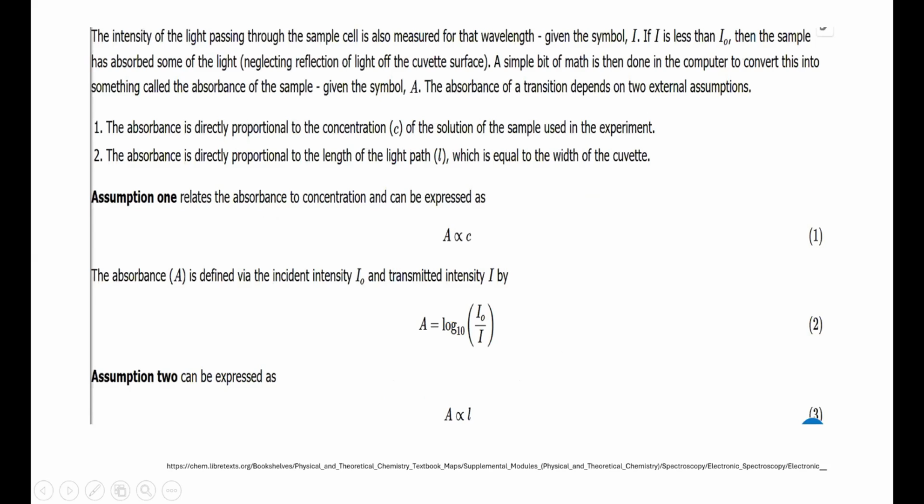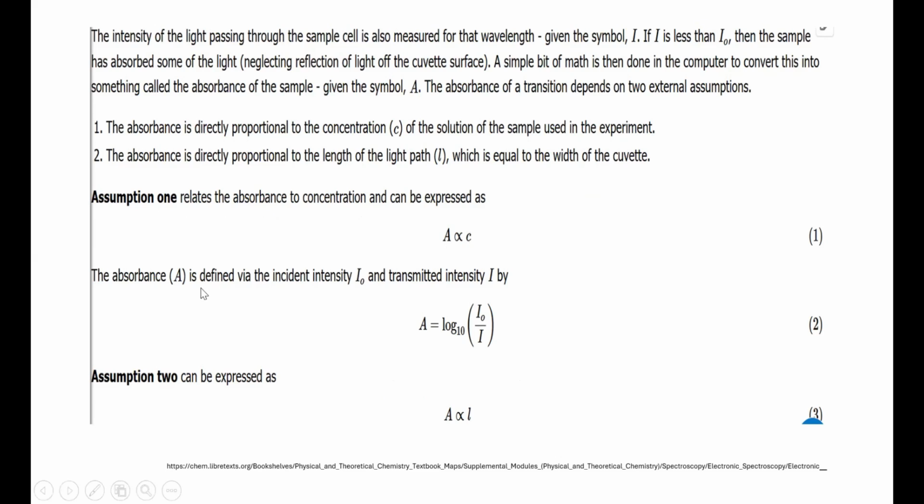So absorbance is directly proportional to concentration. That is the first statement. The second is that absorbance is directly proportional to the path length that light has to travel through the sample. So Beer-Lambert's law can be simply expressed as A is proportional to C, where A is the absorbance of light and C is the concentration of the analyte in a given sample.